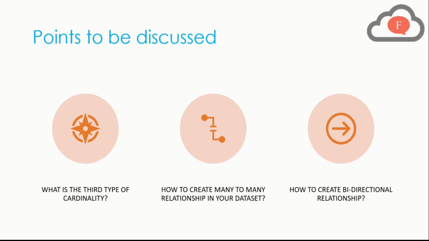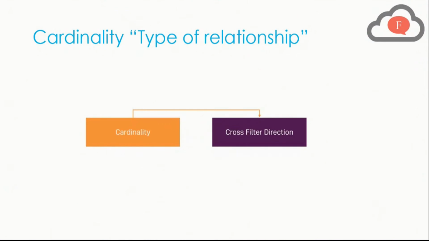Now let us go further and talk about the third type of cardinality, that is many to many relationship. In my previous videos, I have told you about the two other types of cardinality, which is one to many, and another is one to one. So this is the third type of relationship.